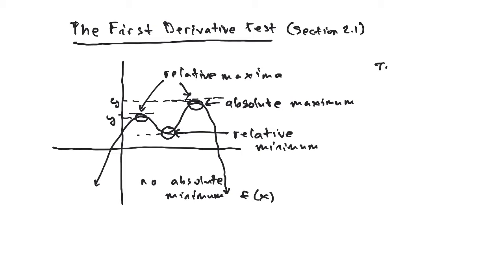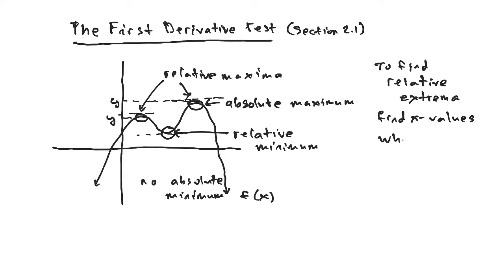So to find the relative maxima and minima, which we call the relative extrema, we want to find the x values where f prime of x equals 0, or f prime of x is undefined.